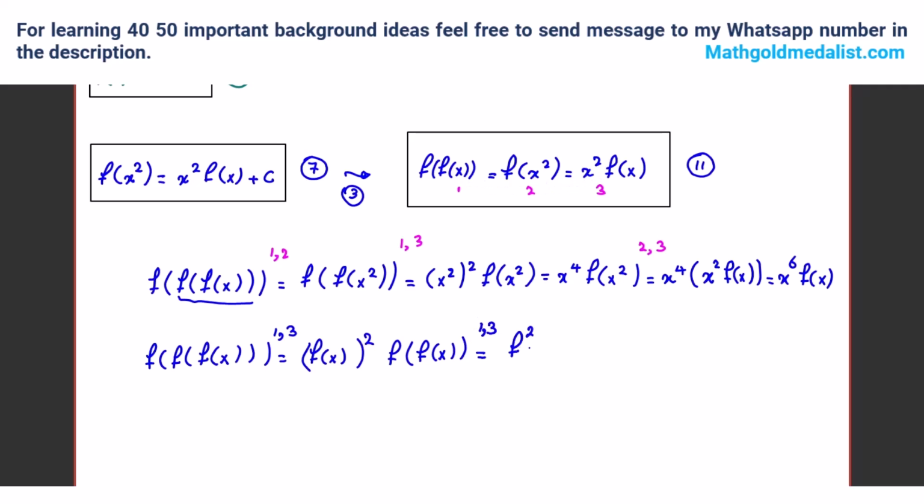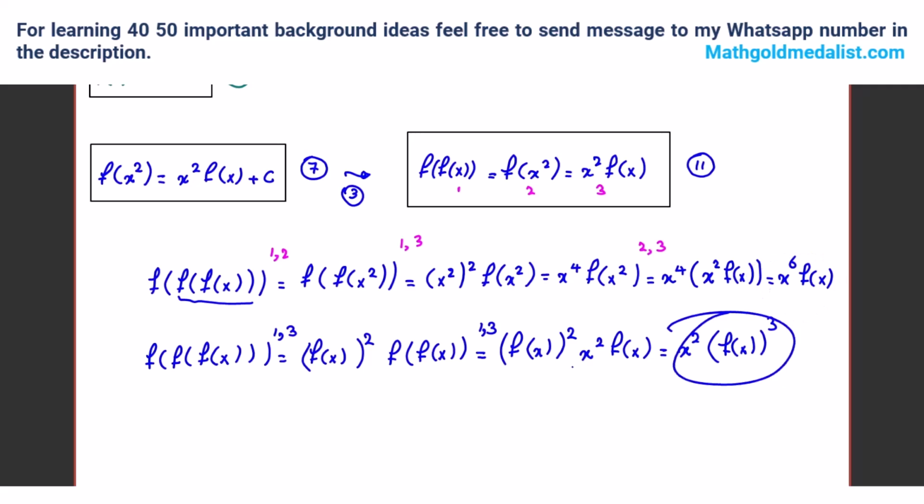So it will be f of x squared, f of x for 1 and 3. It's what? x squared f of x. So it will be x squared times f of x cubed. So we can conclude these two terms are equal. So x to the 6 f of x is equal to x squared times f of x cubed.